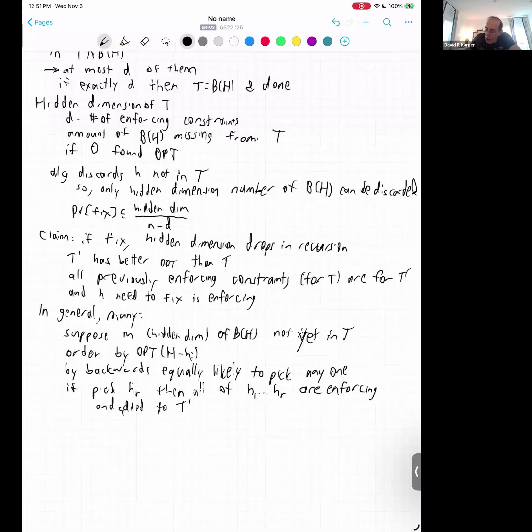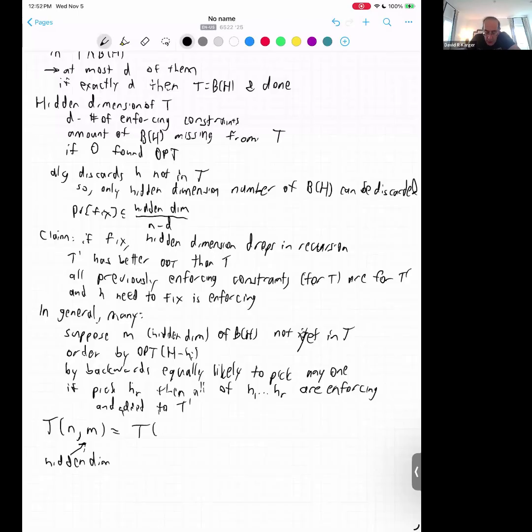Okay. So now we can write a recursion for the hidden dimension, which says that we do a recursion where we've thrown away one hyperplane. Sorry, this is an m. So we throw away one hyperplane and recurse, just like in Seidel's algorithm.